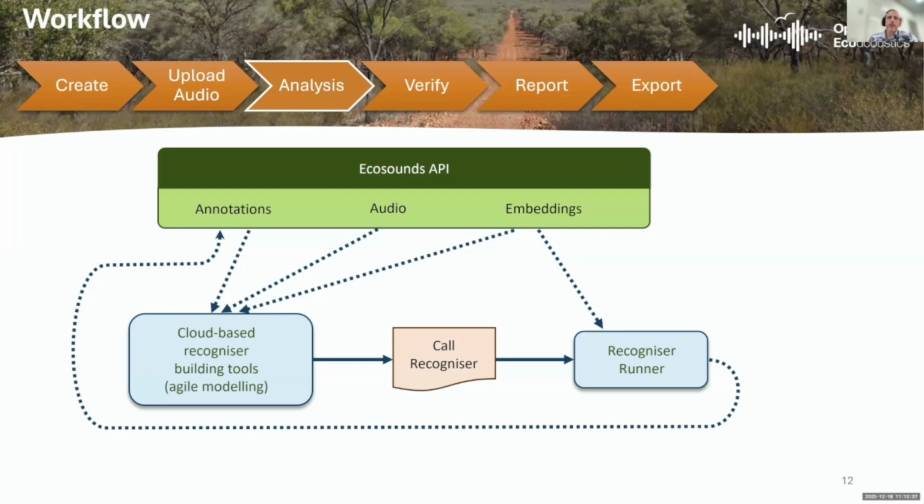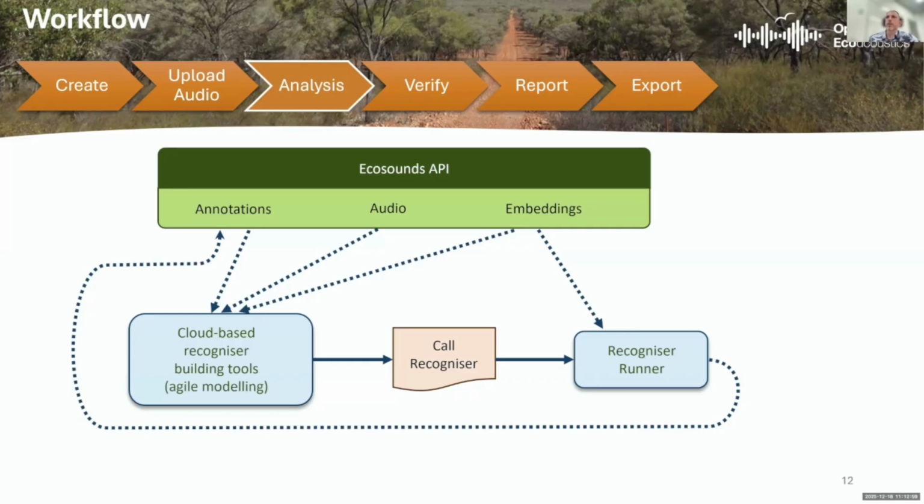And this platform is now being formed into a way that ecologists can use it directly, without having to ask someone else to build the recognizer, so they can build it themselves. And it uses ecosounds via the API, but it's not part of ecosounds.